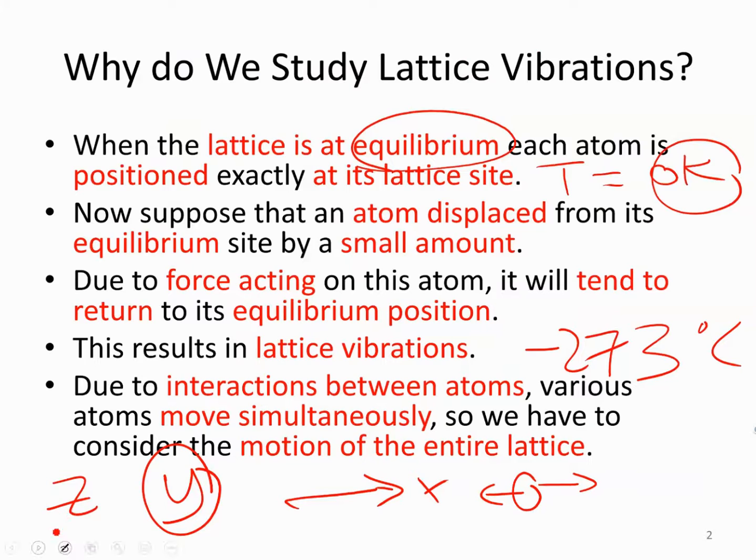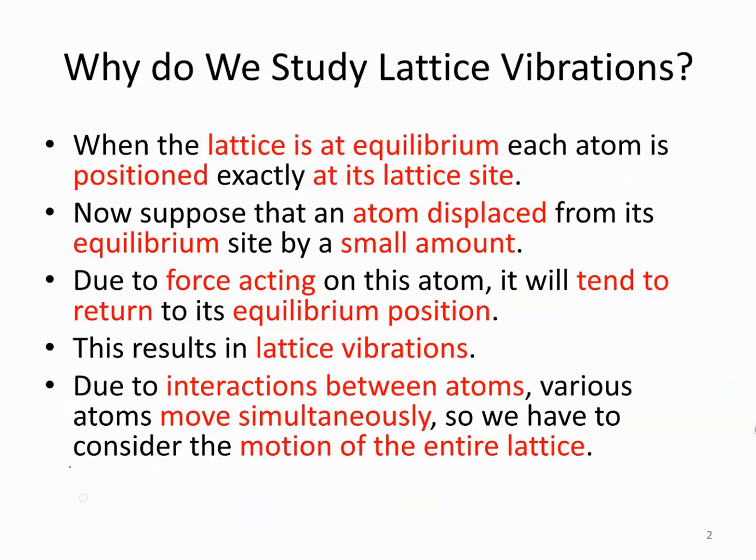So when the atom vibrates, the atom will displace. Let's say vibrating in the X direction, then it will displace to positive X, negative X, positive X, negative X. So it will vibrate from its equilibrium position, from the initial position, by a small amount.